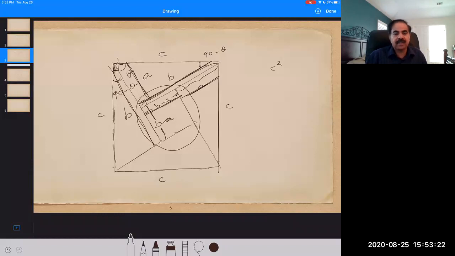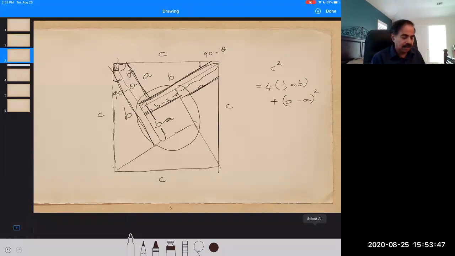So we have created a C square, and that C square has 4 of these triangles, right? So we have 4 of these triangles.